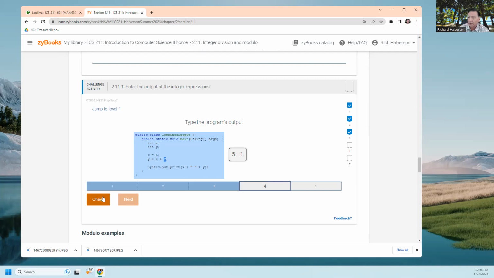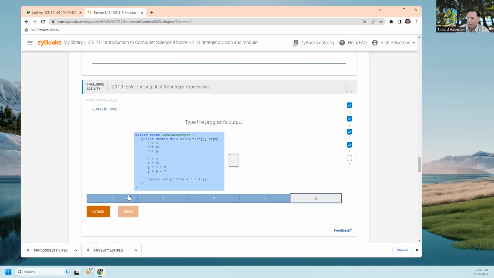Anyway, so this is the answer, I think. And the last one is x and y. So x is 3. Yes, x is 3. And y is 2 times 3 is 6. 6 plus 7 is 13.